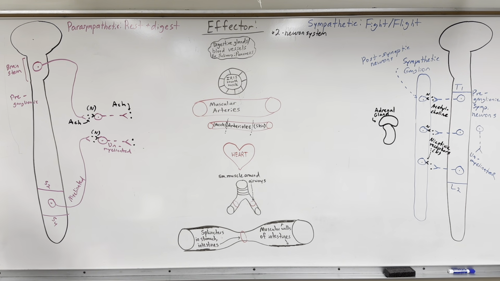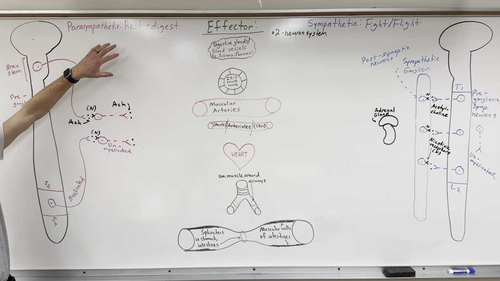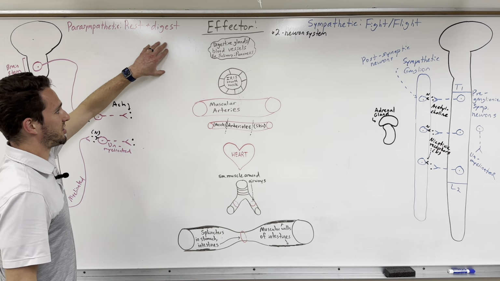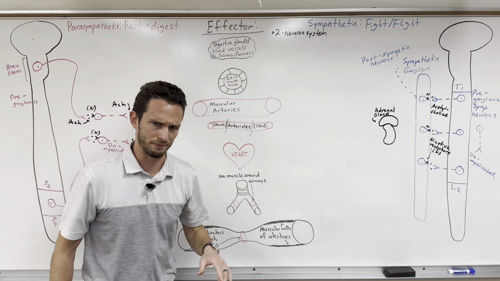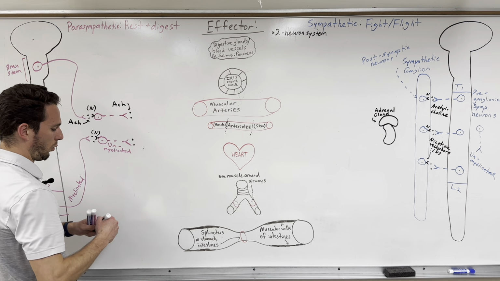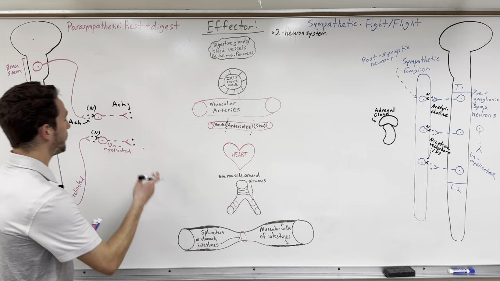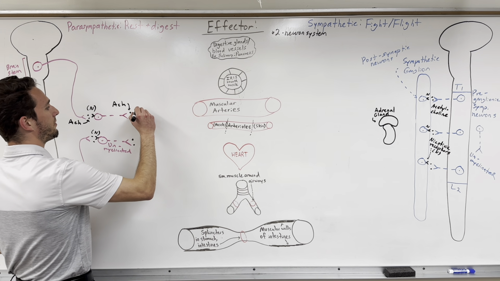Now here's where things get a little interesting, because we have to focus on resting and digesting when we're talking to a variety of these tissue types with the parasympathetic nervous system. So on these effector muscles, we're going to have receptors for the acetylcholine. And that acetylcholine will go to a variety of different structures.